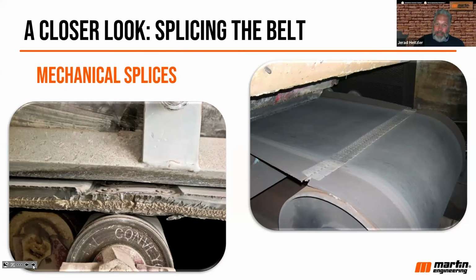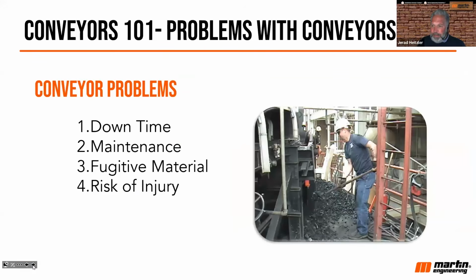Now, a better option is to make sure that you're vulcanizing those splices. There's some added cost in vulcanizing the splice, but those vulcanized splices aren't going to impede belt cleaners, and they're not going to impede dust control at the transfer points either.